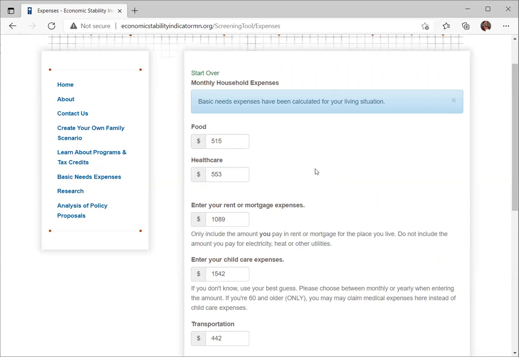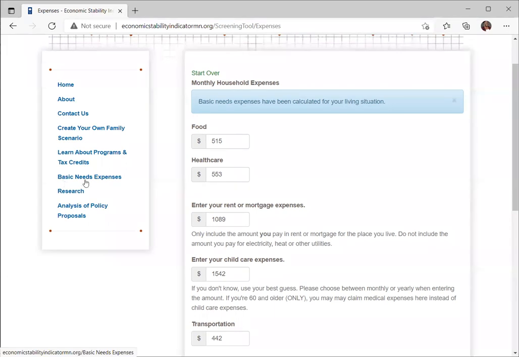The estimated numbers in each expense category are customizable to any family size, the ages of the kids, and the county that the family lives in within the state of Minnesota. We get these numbers from USDA, healthcare, the Kaiser Healthcare Calculator, etc. If you would like to learn more on how the bare bones basic needs budget is calculated and where we're getting these numbers, please click on the basic needs expenses.